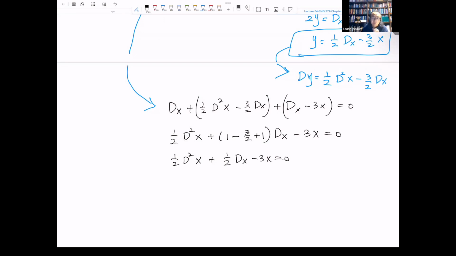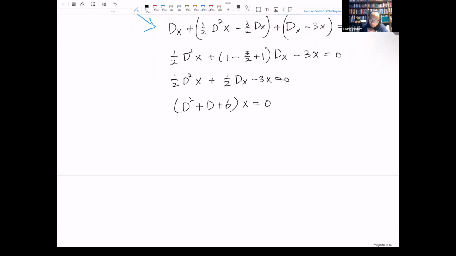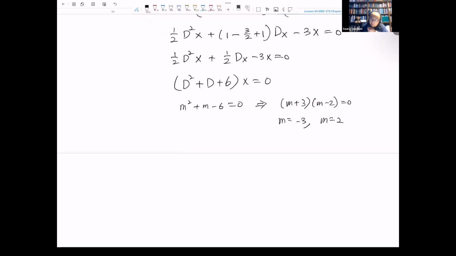I'm going to multiply everything by 2, then factor out x. This is a homogeneous differential equation, and the auxiliary equation is going to be m squared plus m minus 6 equals 0. And from here, you can factor out: m plus 3, m minus 2 equals 0, and m equals negative 3, m equals 2.